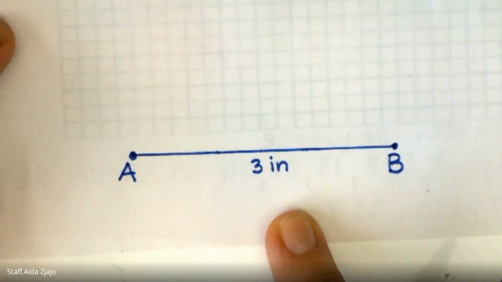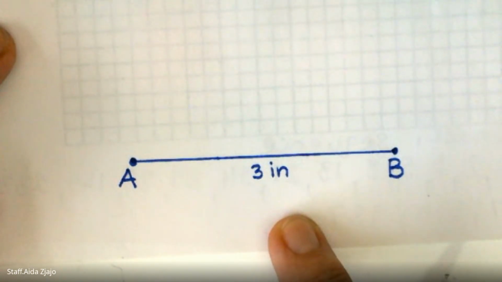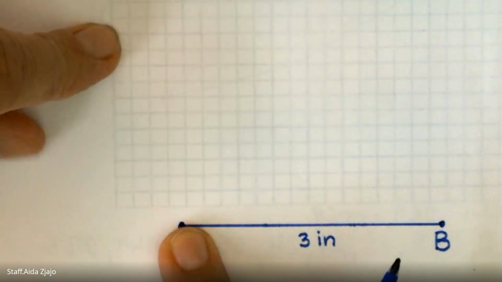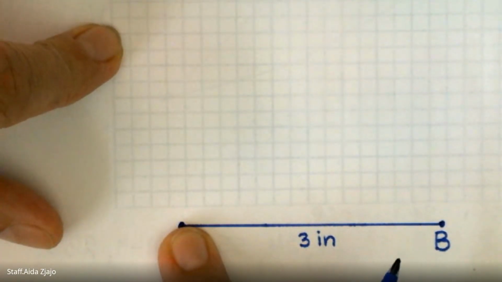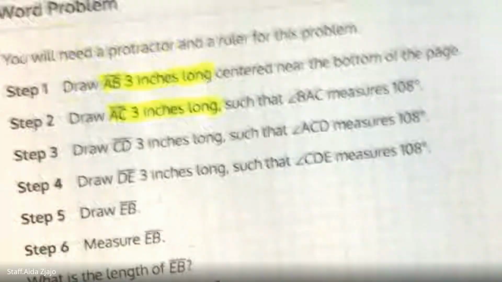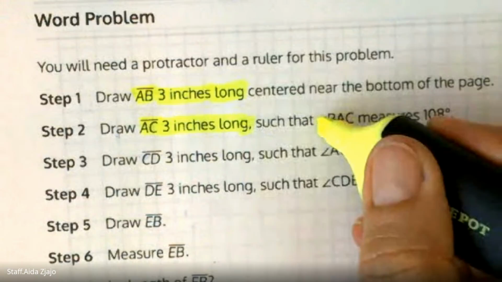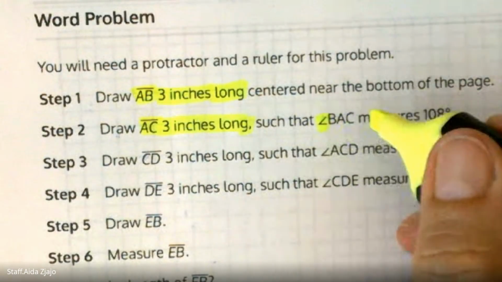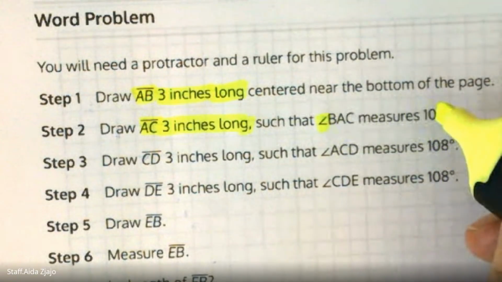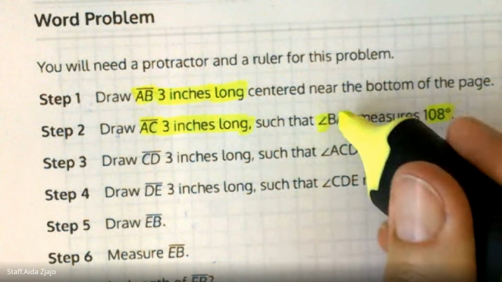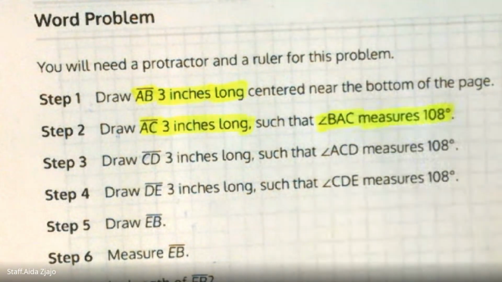Now they want us to do AC 3 inches long, such that angle BAC measures 108 degrees. Okay, let me show you what they say. Draw AC 3 inches long, such that angle BAC measure 108 degrees.